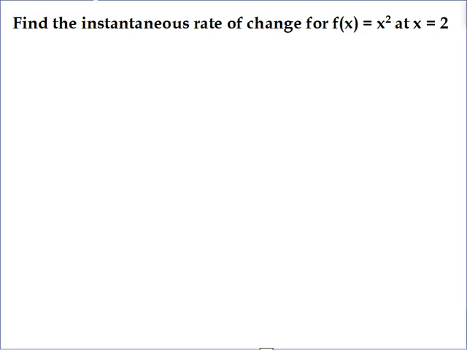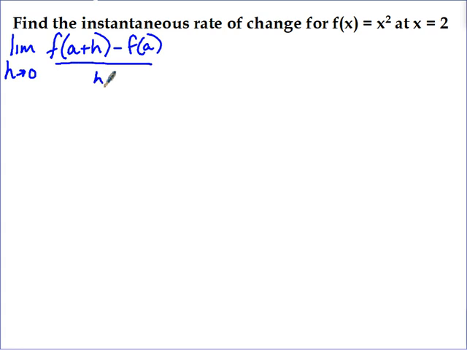Okay, so we're going to find the limit as h approaches 0 of f of a plus h minus f of a, over h. Now we are going to take this one little step at a time, and I'm going to kind of color code this as best as I can. Okay, so the first thing we're going to find is f of a plus h. If I just wanted to find that with nothing else happening around it, we know how to find this.